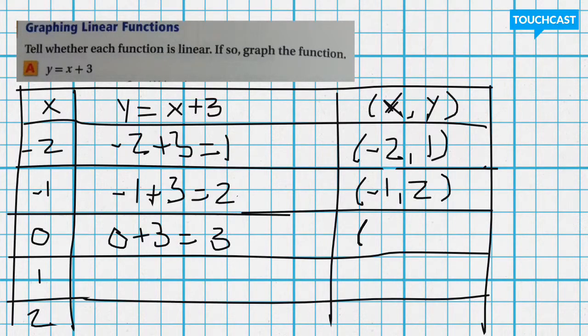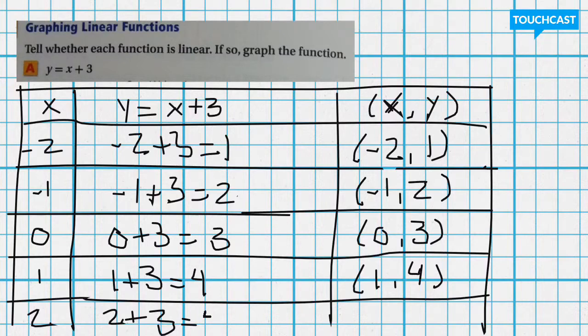So our next ordered pair is 0, 3. 1 plus 3 is 4. So our next ordered pair is 1, 4. 2 plus 3 is 5. So our next ordered pair, and the last one we're going to worry about, is 2, 5.